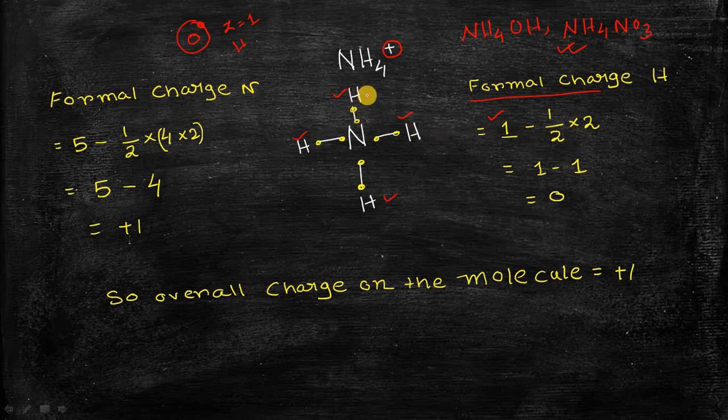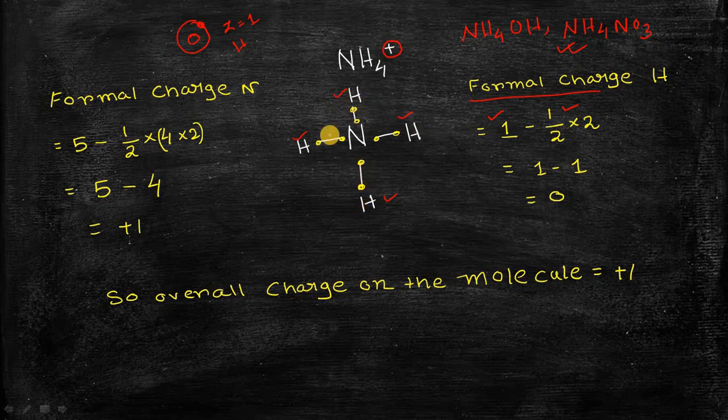And in case of hydrogen there is no unshared electron, so the third part will not be there. So the first part is the number of valence electrons, the second part is the number of shared electrons. The formal charge of hydrogen using the formula is 1 minus 1, that is equal to 0. So all hydrogen atoms possess 0 formal charge. There is no charge on any of the hydrogen atoms.